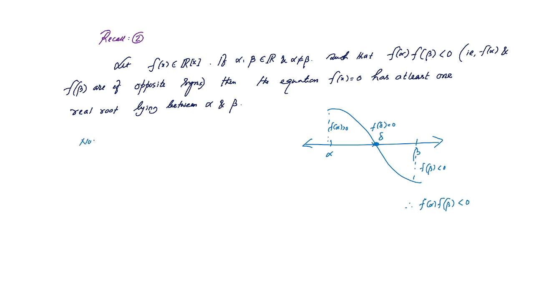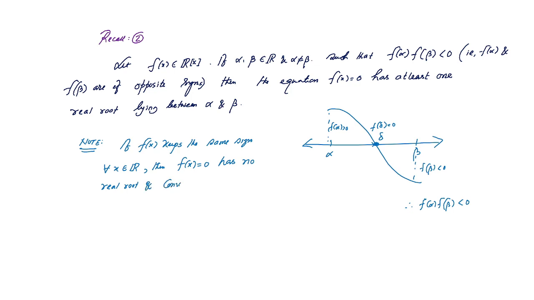But here note, if f(x) keeps the same sign for all real values of x, for all x belonging to R, then f(x) equals 0 has no real root, and conversely.